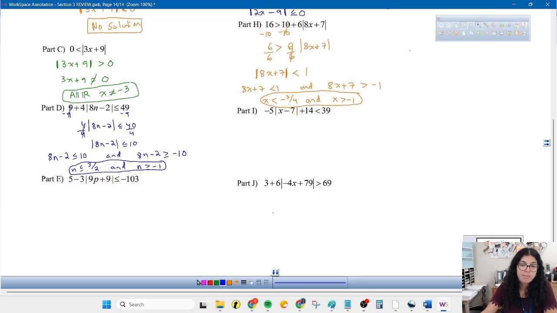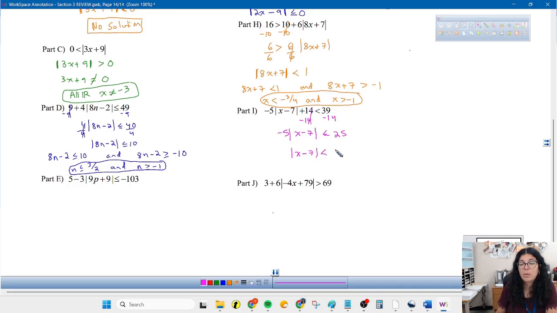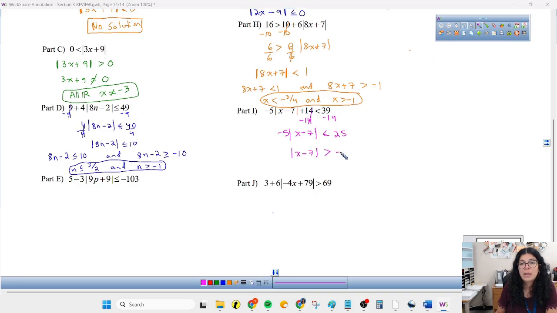Okay, part I. Start by subtracting 14 on both sides. We get -5 times the absolute value of x minus 7 is less than 25. Then divide by -5. The absolute value of x minus 7 is less than, well, actually we're dividing by a negative, so that would flip that sign.